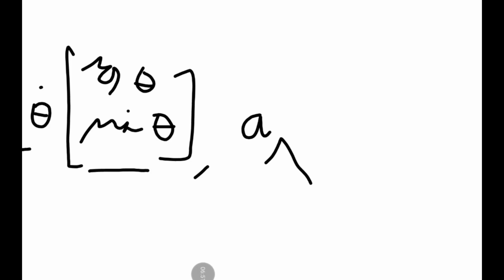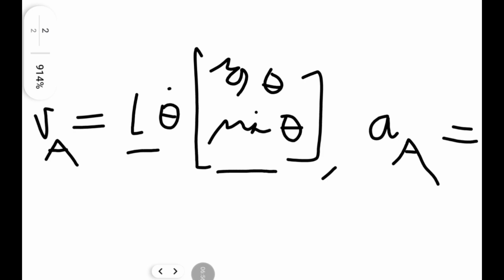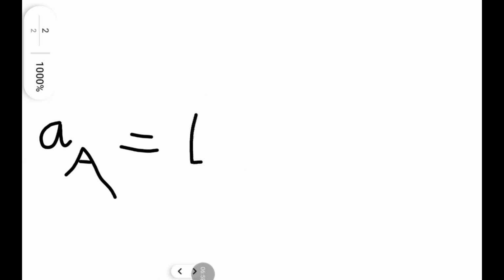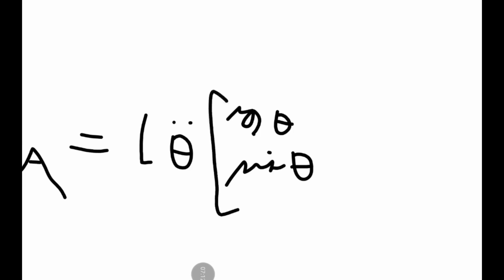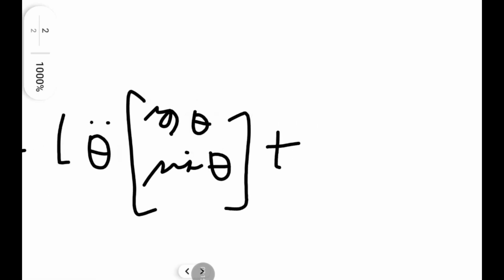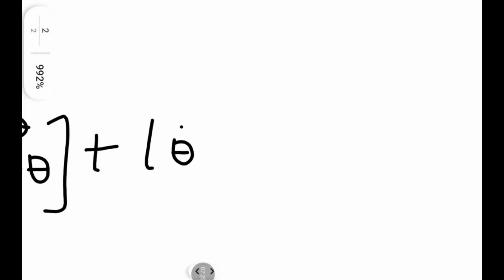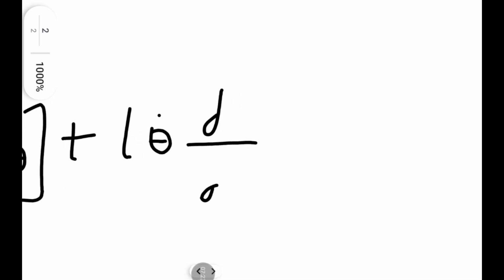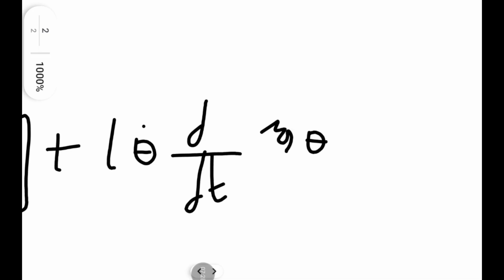So acceleration of point A is therefore equal to: we differentiate the L theta dot part first, which is going to be L theta double dot, the second derivative of theta with respect to time, times this vector here, because this is the product rule, cosine of theta, sine of theta. And plus L theta dot times the derivative with respect to time of the vector cos of theta, sine of theta.